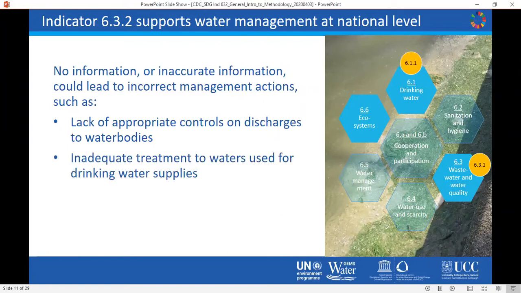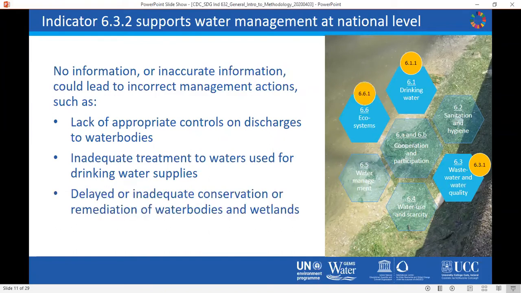We may see insufficient water treatment for drinking water, and also inadequate conservation or remediation of water bodies and wetlands. So if we can strive to achieve target 6.3 through reporting on indicator 6.3.2, this can help countries to manage their water resources more sustainably for the future.